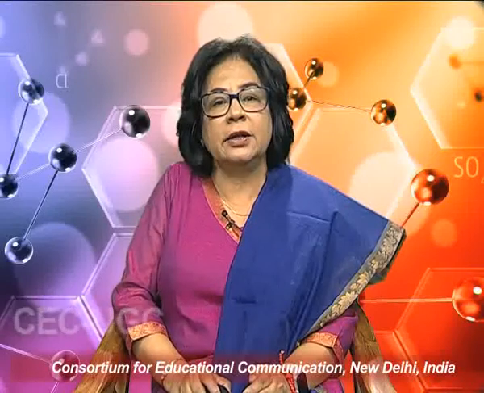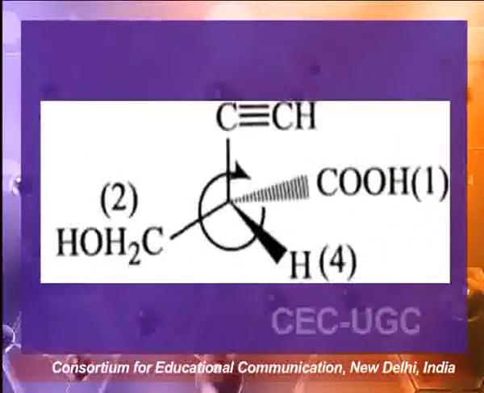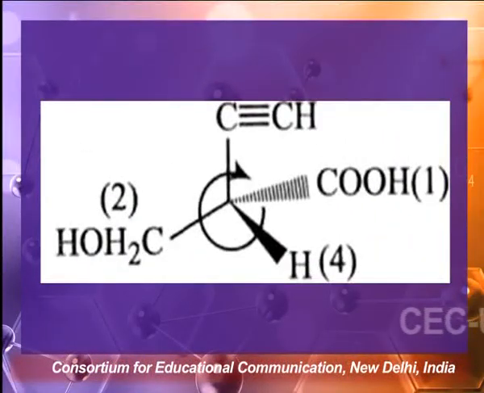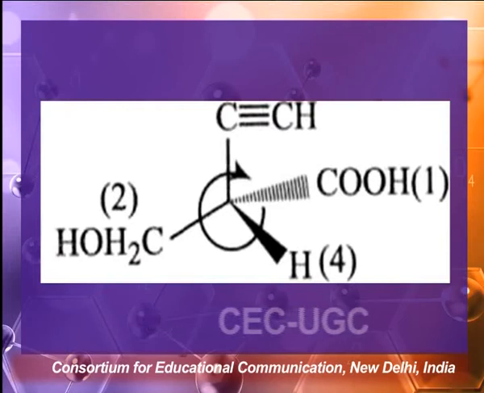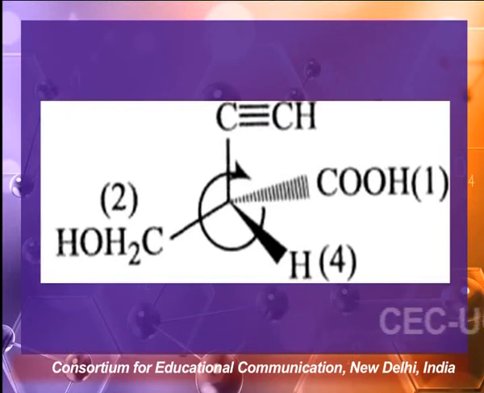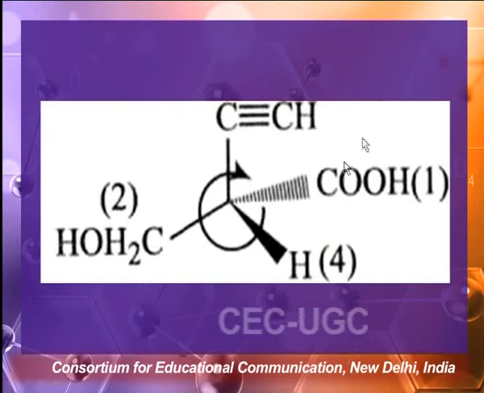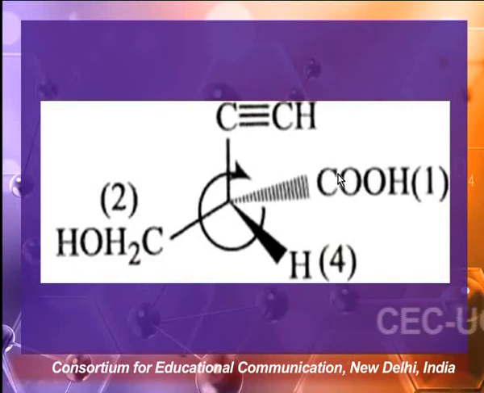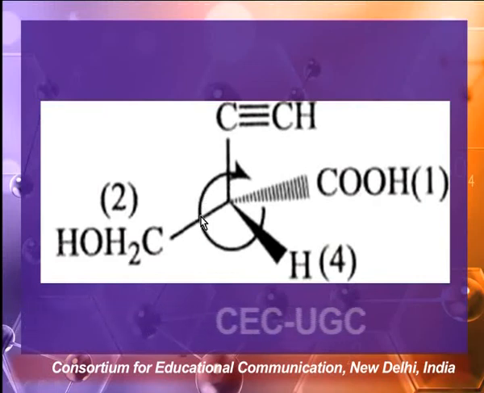Again, I have taken another example here in which the group having lowest priority is again facing the observer, and then we've assigned the priority to the groups. What we find is that between COOH and CH2OH, COOH has higher priority, because when we have a C double bond O, it will be considered that the carbon is attached to 2 oxygens in the carboxylic group, whereas in the methyl hydroxyl group, the carbon is attached to hydrogen.